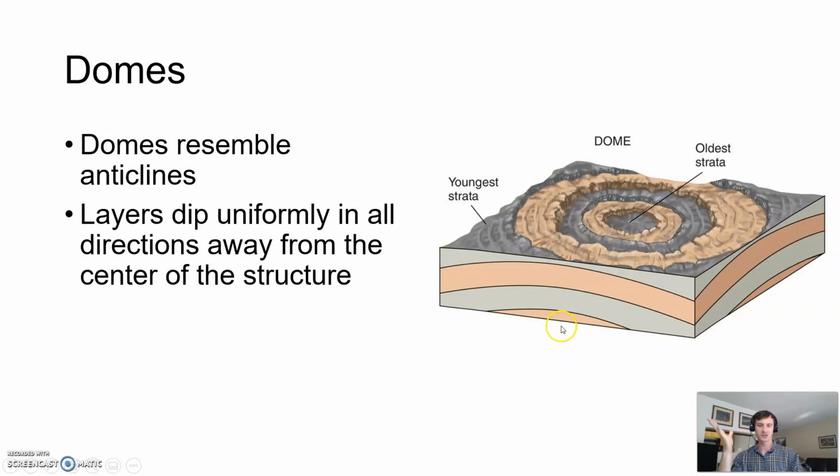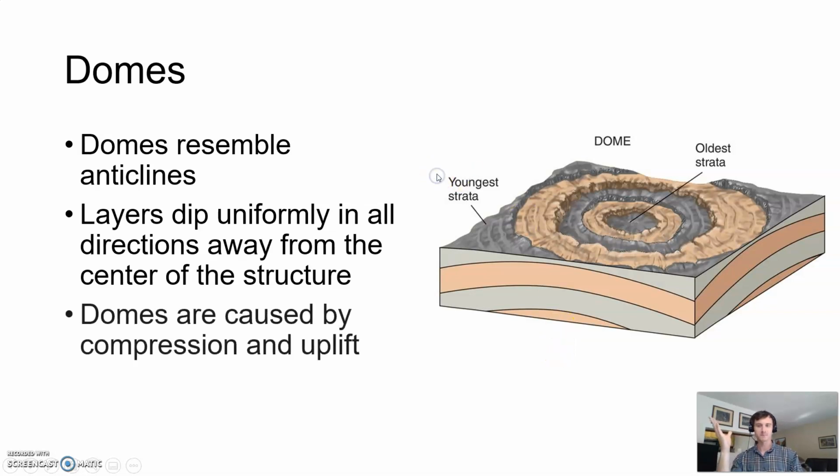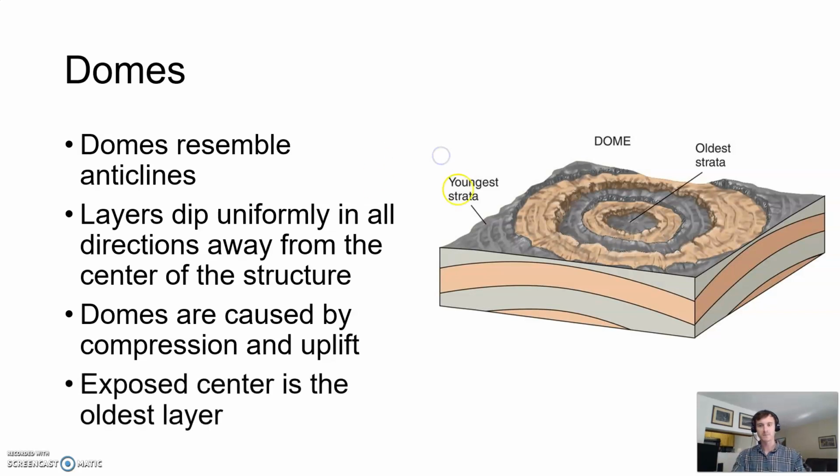It's a three-dimensional A, is maybe one way to think. So this is generally going to be caused by compression and uplift. I'd imagine we have a big magma chamber that is slowly rising up towards the surface, and as it does that, it pushes all the layers above it up into this sort of dome structure.